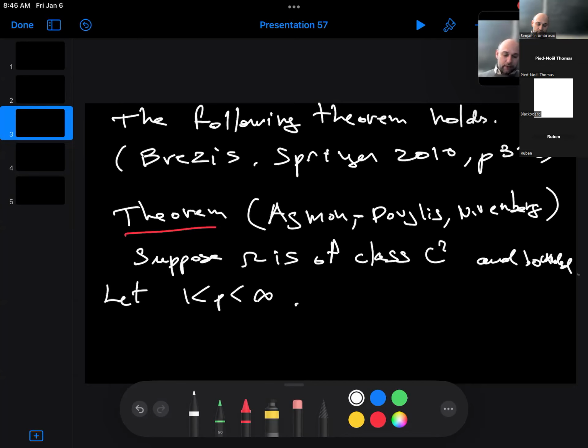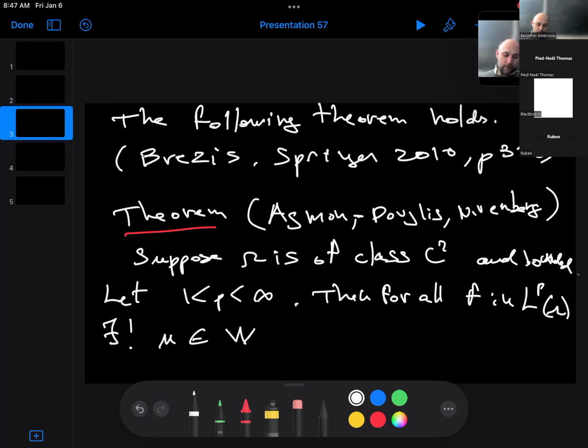So then for all f in LP, there exists a unique u in the Sobolev space.